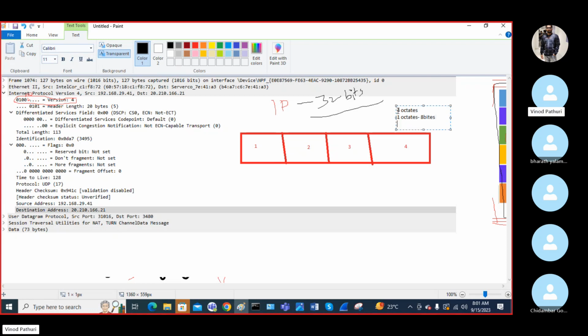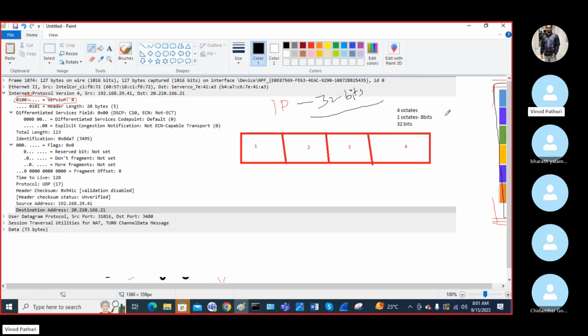So 4 times 8 is 32 bits of information we will have. First you will divide it into 4 octets, 1 2 3 4, and each octet is equal to 8 bits.